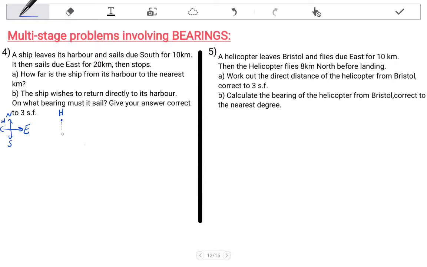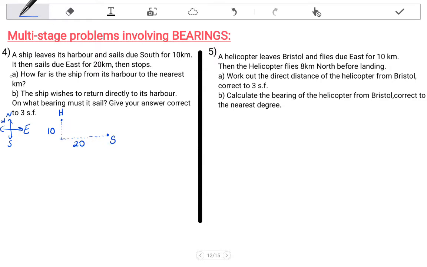So go down in the south direction 10 kilometers, then sails due east, so turns to the right and continues for 20 kilometers, then stops. I call the last position of the ship S.